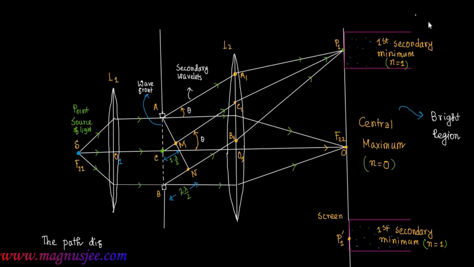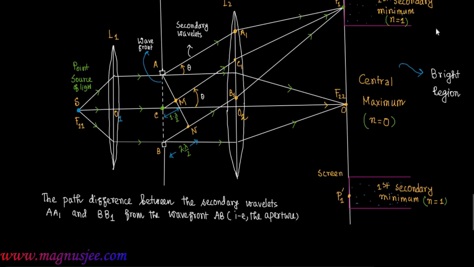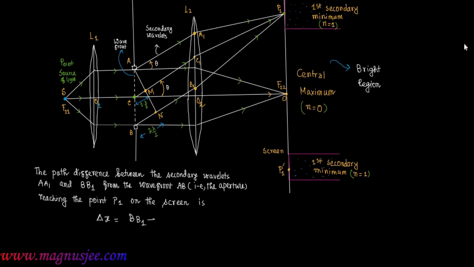The path difference between the secondary wavelets AA1 and BB1 from the wavefront AB, that is the aperture, reaching the point P1 on the screen, is delta x equal to BB1 plus B1P minus AA1 plus A1P.